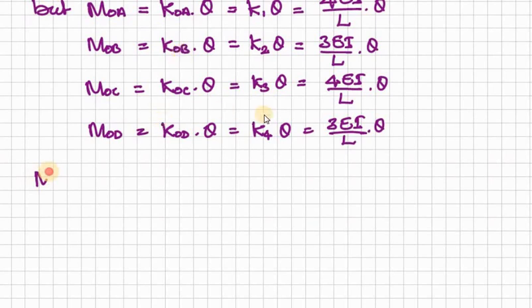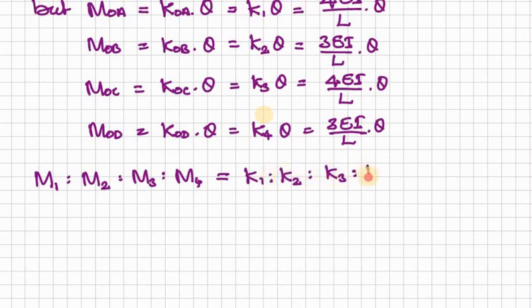Therefore, we can represent as M1, that is MOA, is to M2 is to M3 is to M4 is equal to K1 is to K2 is to K3 is to K4 ratio, because M1 divided by K1 is equal to theta. Theta is same for all cases.